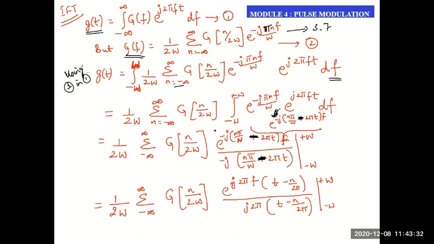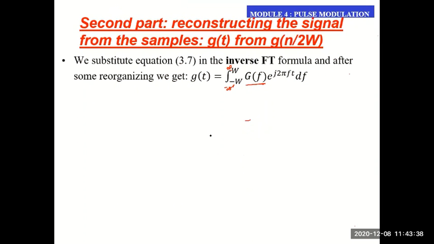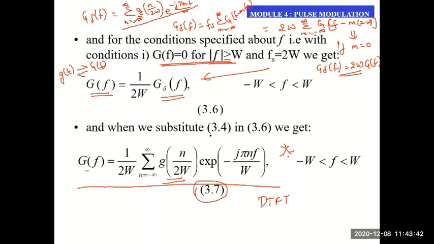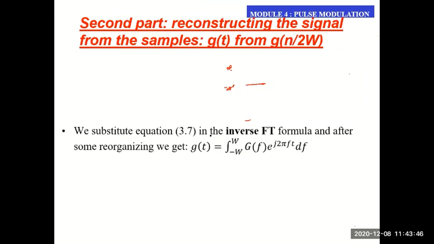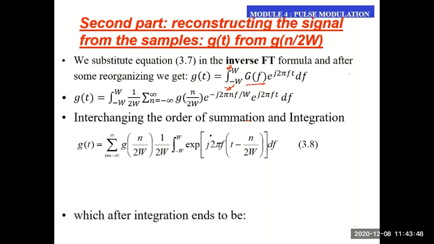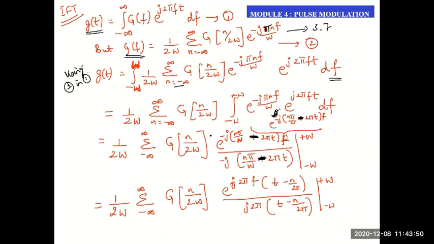We wrote small g or capital G. I guess it is small g. I don't remember what we wrote there in that small g of n by 2w. No problem. Anyway, it is a constant, so you keep it as whatever you have written. I thought we had written capital, so I took that. So this is small g only then.